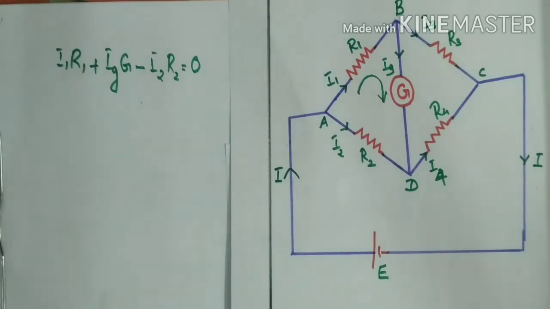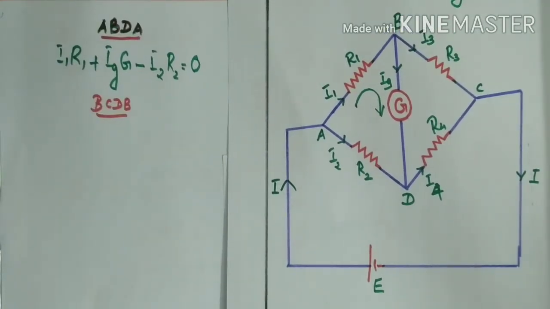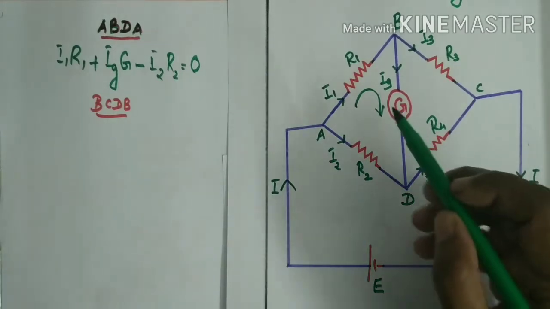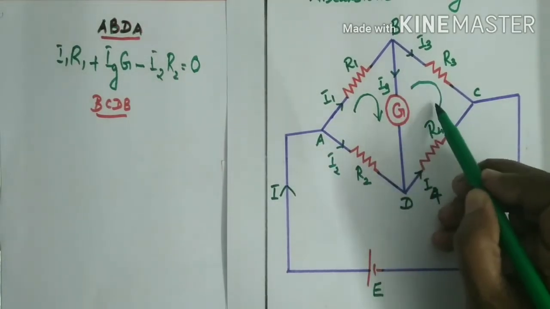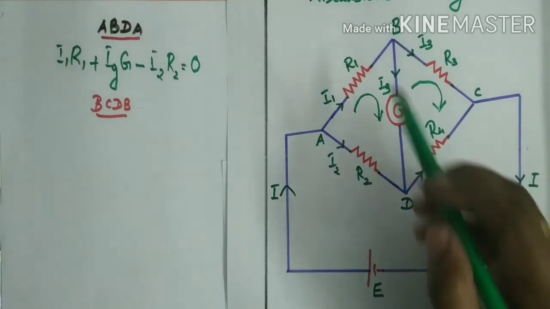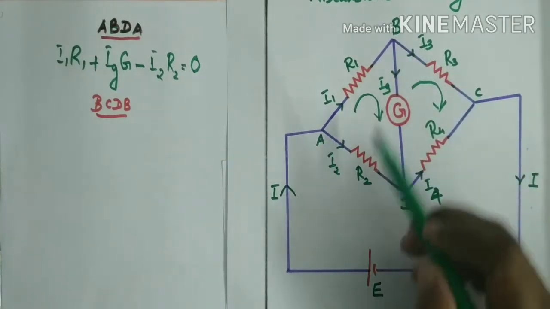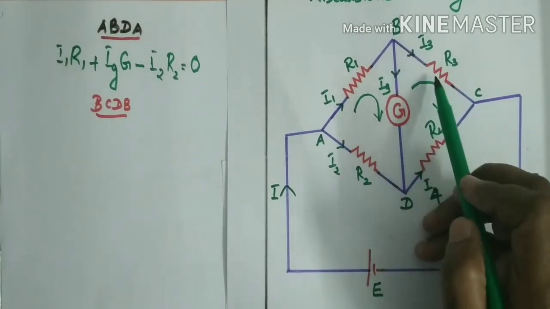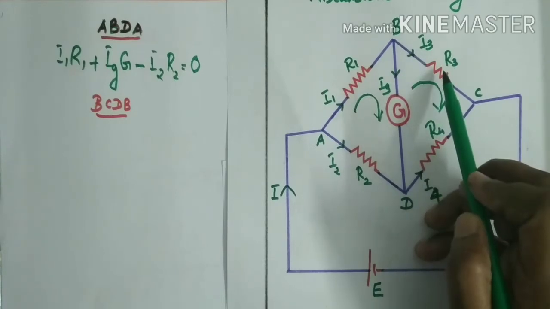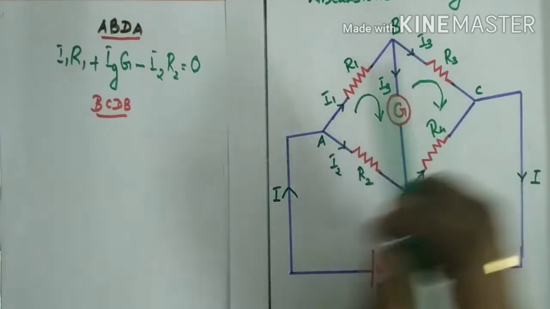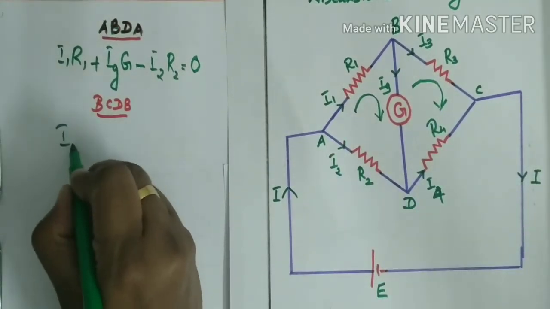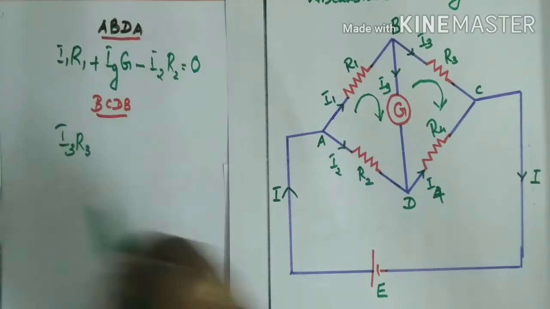Now we can apply the same Kirchhoff's loop rule for the loop B, C, D, B. Here also we consider the clockwise direction as the assumed direction of current. Current is flowing in this direction, clockwise. What is the potential difference across R3? I3 R3. It is positive, same direction, therefore positive I3 R3.